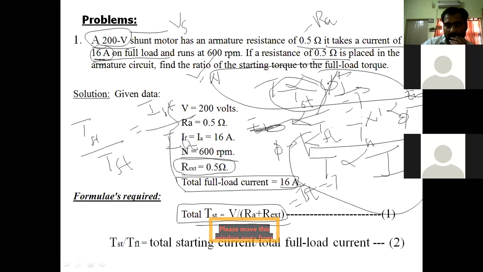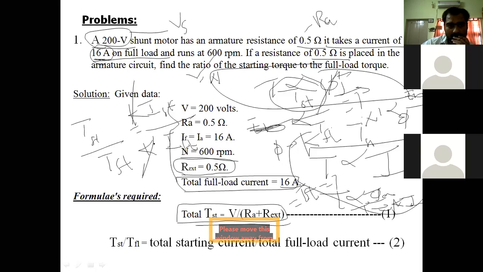So, considering it constant, torque is directly proportional to Ia, that is T equals K into Ia. In the ratio, the constants cancel: K into Ist and K into Ifl. Finally, starting torque by full load torque equals starting current by full load current.